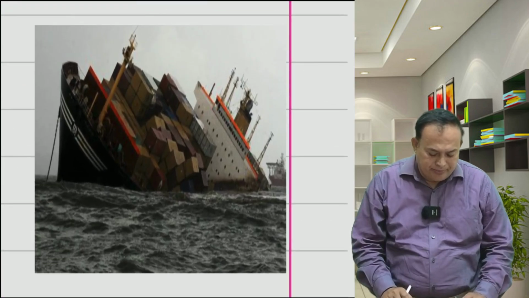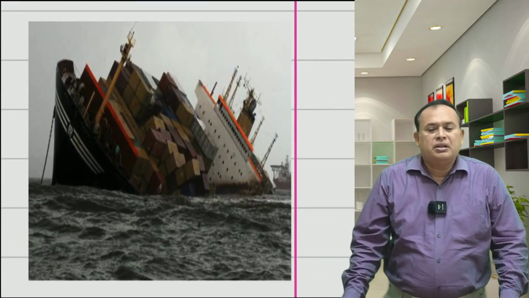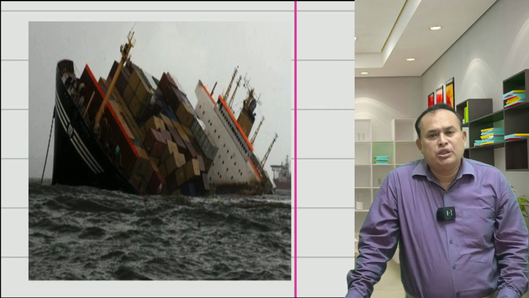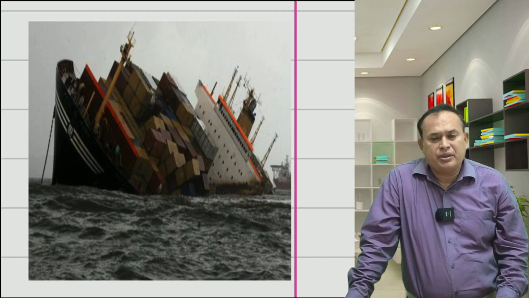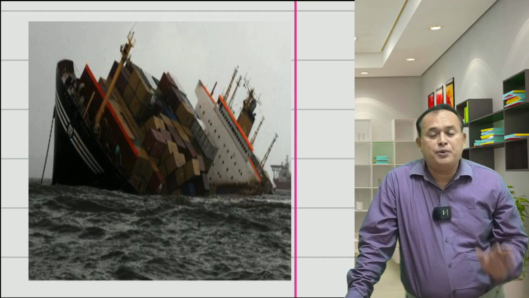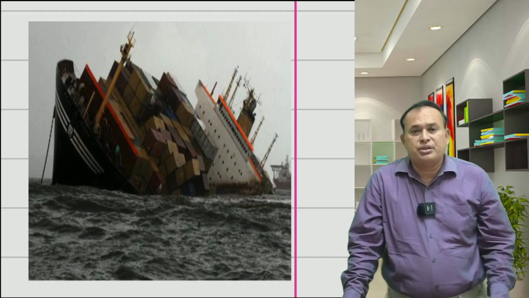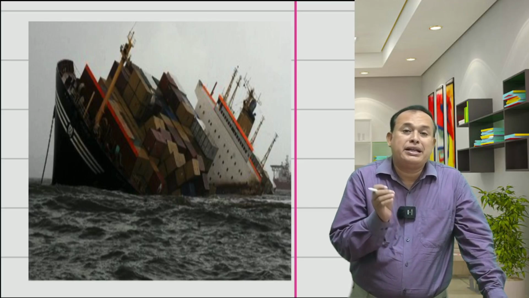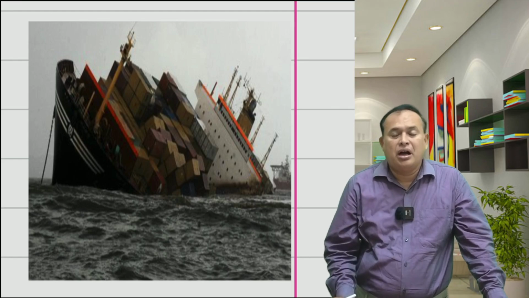See the vessel. Goods have been loaded in the Chennai port to export to USA. The term India is defined up to 12 nautical miles. I told you in the last class, up to 12 nautical miles from the baseline is called Indian territorial waters, also called India.